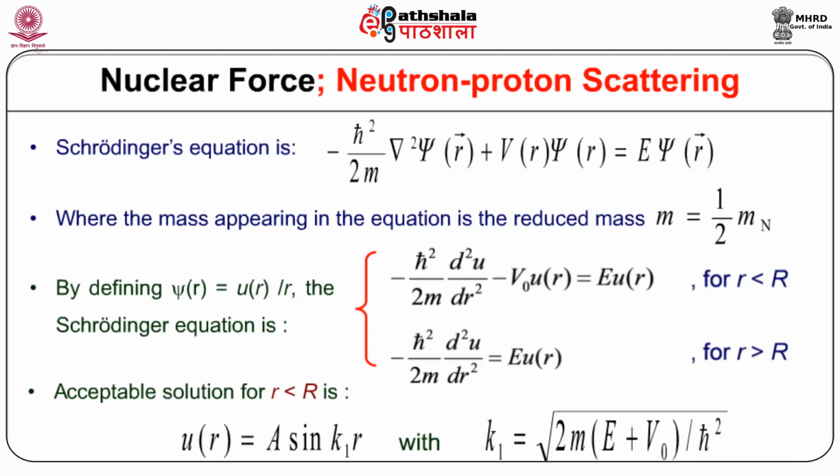By defining psi of r equal to u of r by r, the Schrodinger wave equation becomes minus h bar squared by 2m d squared u by dr squared minus V0 u of r equal to E u of r for r less than capital R, and minus h bar squared by 2m d squared u by dr squared equal to E u of r for r greater than R. So there are two regions: if the nucleus has radius R, one is inside the nucleus, where r is less than R, and the other is outside the nucleus.